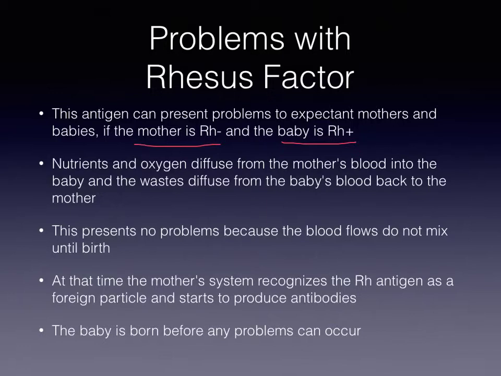Now remember, 85% of all Canadians are Rh positive. Nutrients and oxygen diffuse from the mother's blood into the baby, and the waste diffuses from the baby's blood back to the mother. This presents no problem because blood flows do not mix until birth.